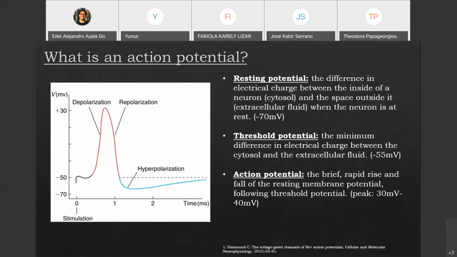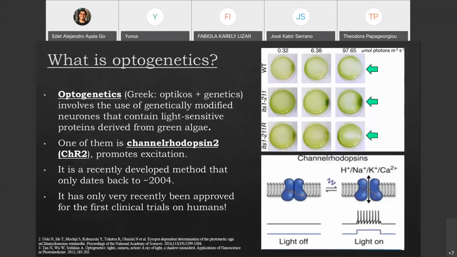Okay, so now what is optogenetics and what does it have to do with all of that? Optogenetics is a very recent method that has been developed at around 2004, if I'm not mistaken, and it uses light in order to stimulate genetically modified neurons by either exciting them or inhibiting them.